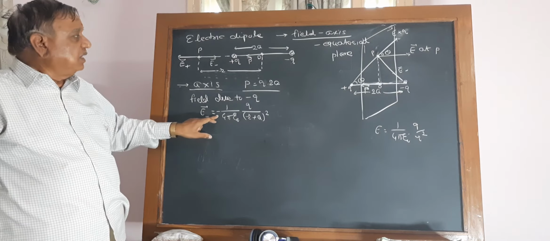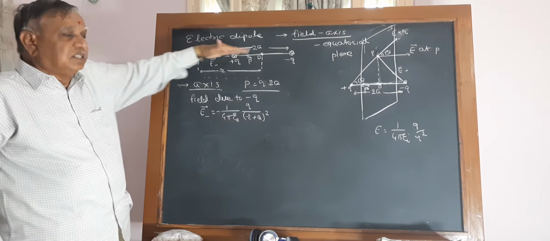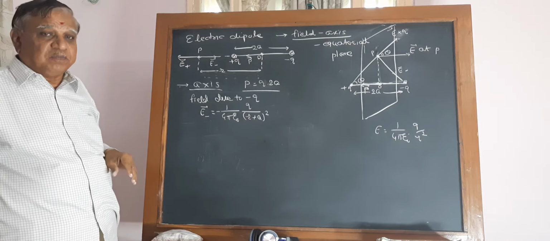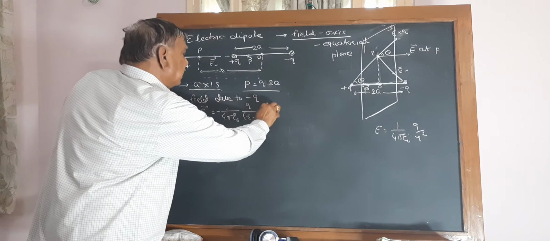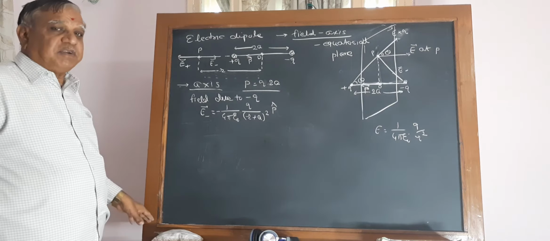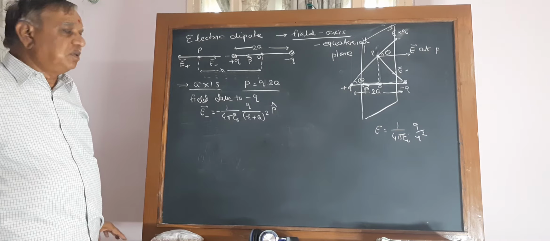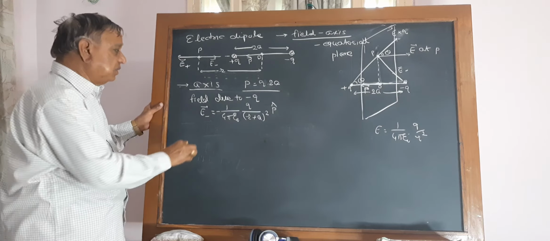This field is along the axis but towards the negative, so opposite to the dipole moment. So we write minus p cap, where p cap is the unit vector along the dipole moment. That is the field due to minus q.